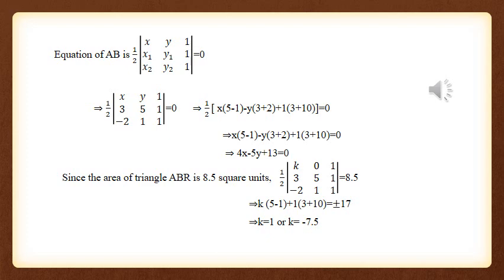So we have 4K plus 13 is equal to positive 17 or 4K plus 13 is equal to minus 17. So you are getting two equations. On solving these two equations, we have two values for K. They are K is equal to 1 or K is equal to negative 7.5.